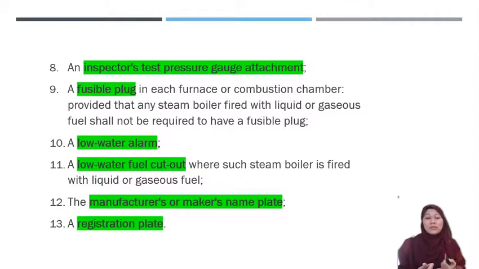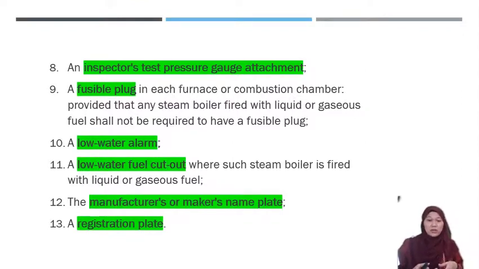And then the low water alarm. If we have low water in the tank, it will give you the alarm, an indicator. And the low water fuel cut off. The manufacturer's or maker's name plate on the vessel is also very important.